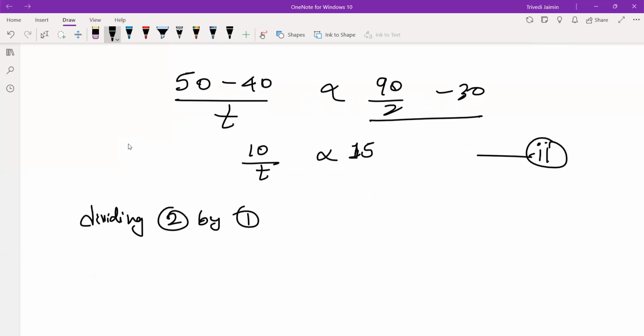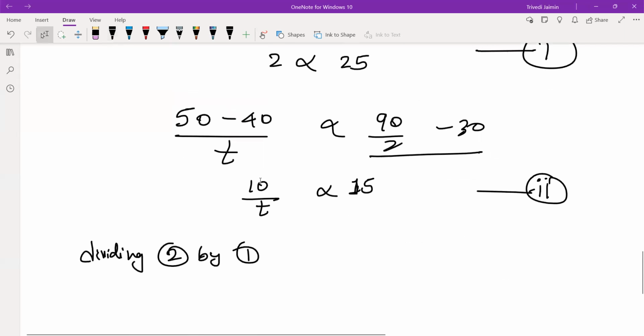Anyhow, we need to find t only, right? What you will get: 10 by t divided by 2, and 15 divided by 25, so 20 by t is proportional to 3 by 5. Then remove proportionality, write the equal to sign and find out t.